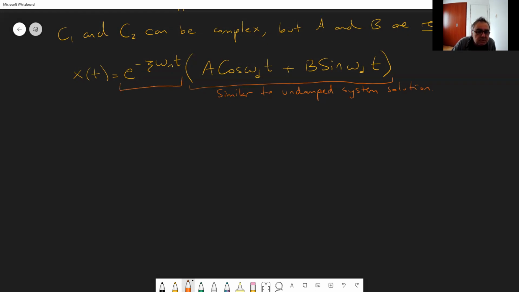And what is this part? You multiply it by the so-called exponential decay. So exponential decay function, let's say something like e to the minus a t function, over the time.